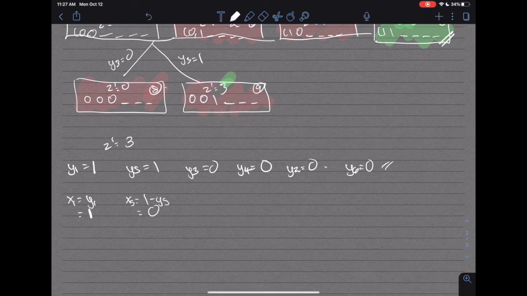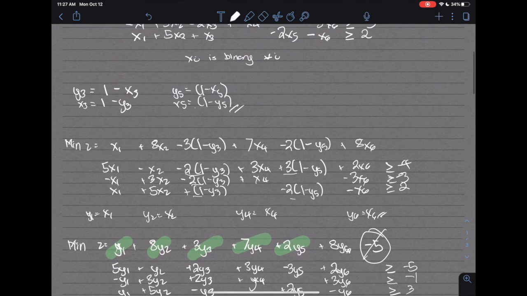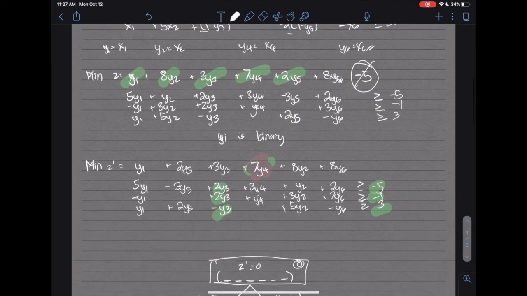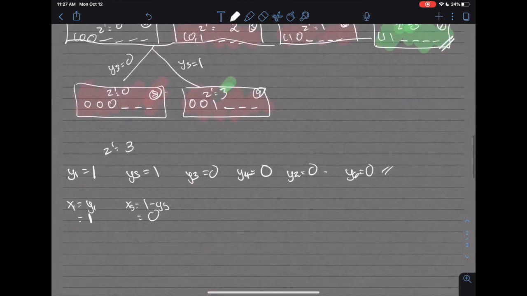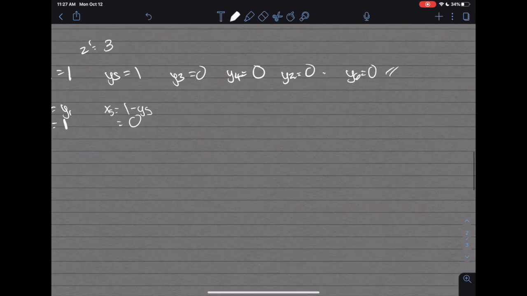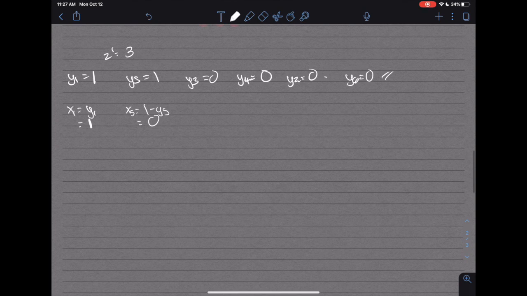The other variable that we transformed a while ago was y3. Sorry. x3 is equal to 1 minus y3.